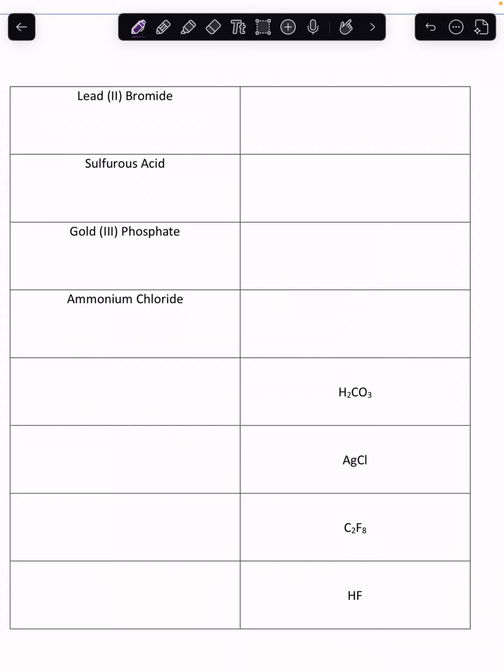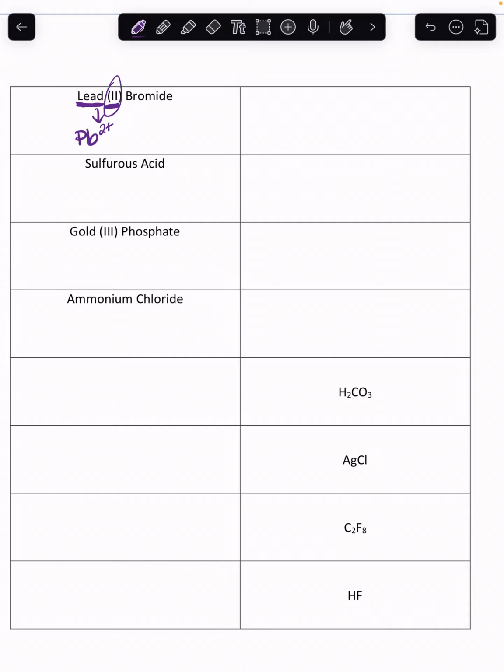Second part of it. First one, lead 2 bromide. So I recognize this, and I say, oh my god, I have a transition metal, and I have a charge. Awesome. So this should be easy. This is an ionic compound. Lead is Pb, and I know the charge is +2 because it's literally right here.